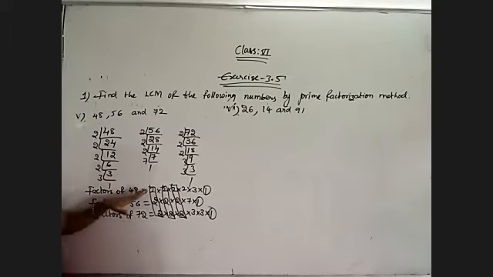For HCF, what is common for all the given numbers we consider as a common factor. In case of LCM, if that number is present in at least 2 numbers, now here I have 3 numbers, it may be present in 2 numbers or 3 numbers, and still that is a common factor.